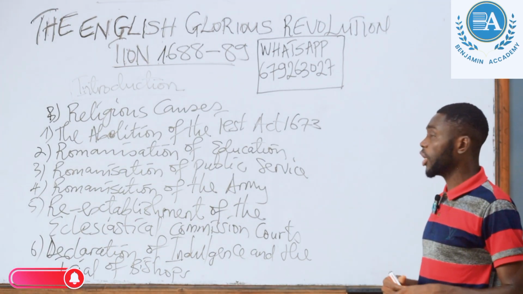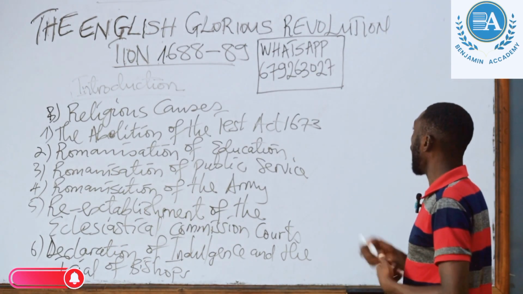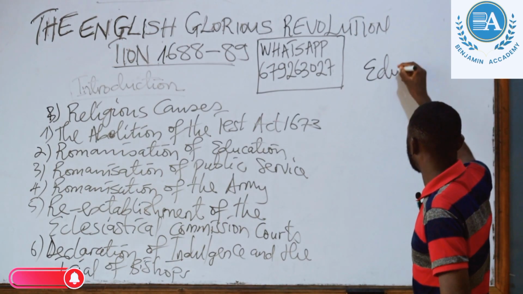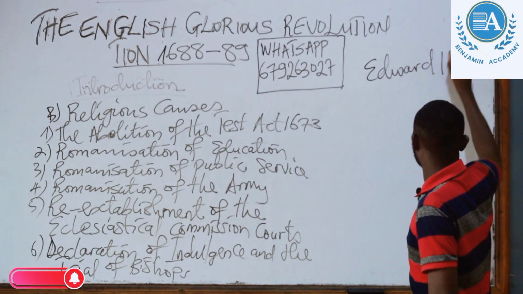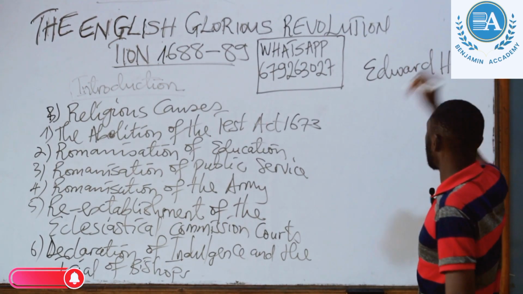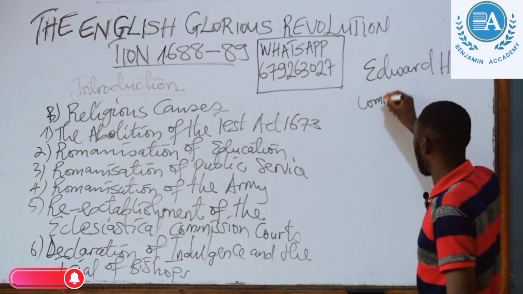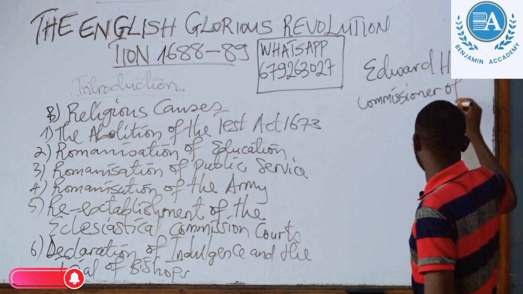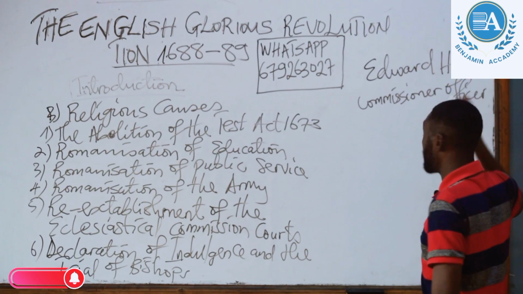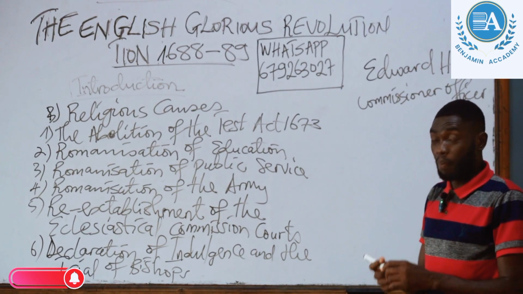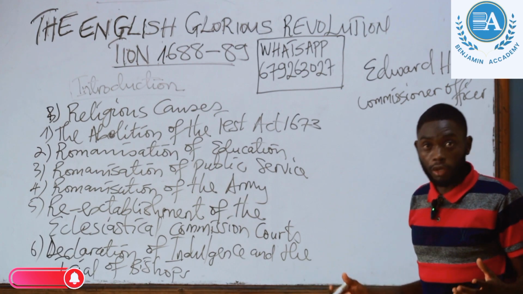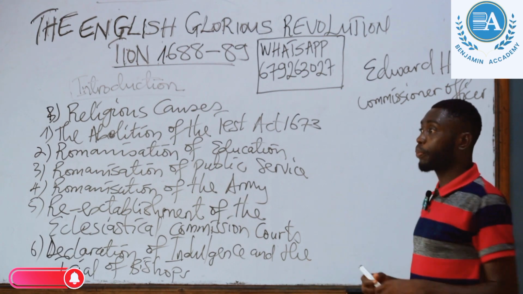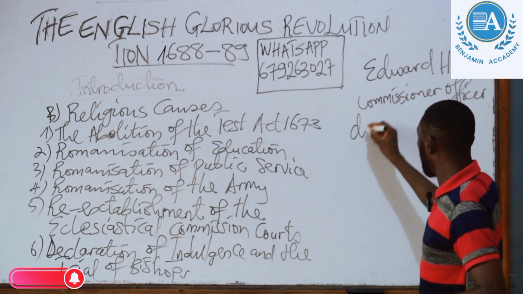This was seen when James abolished this act and appointed Sir Edward Pales as a commissioned officer in the British Army. Edward Pales was a Catholic. When the people of England took him to court for not taking an oath, he provided a dispensation.